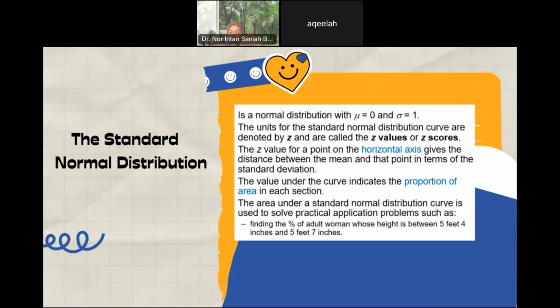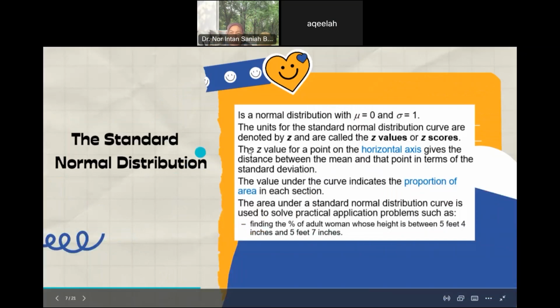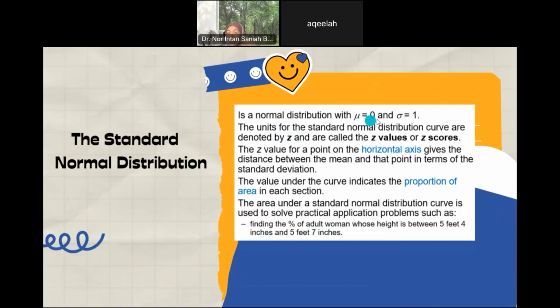When we talk about the standard normal distribution, it means mu is equal to 0 and standard deviation is equal to 1. The units for the standard normal distribution curve are denoted by Z and are called Z values or Z scores. The Z value for a point on the horizontal axis gives the distance between the mean and the point in terms of the standard deviation.